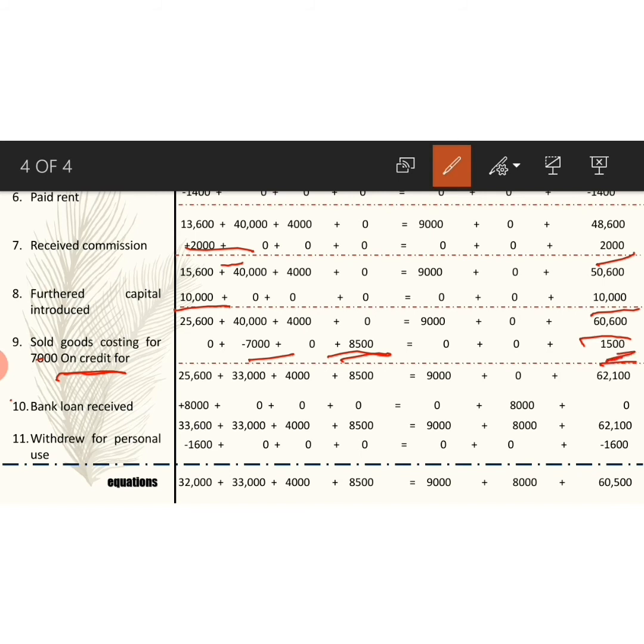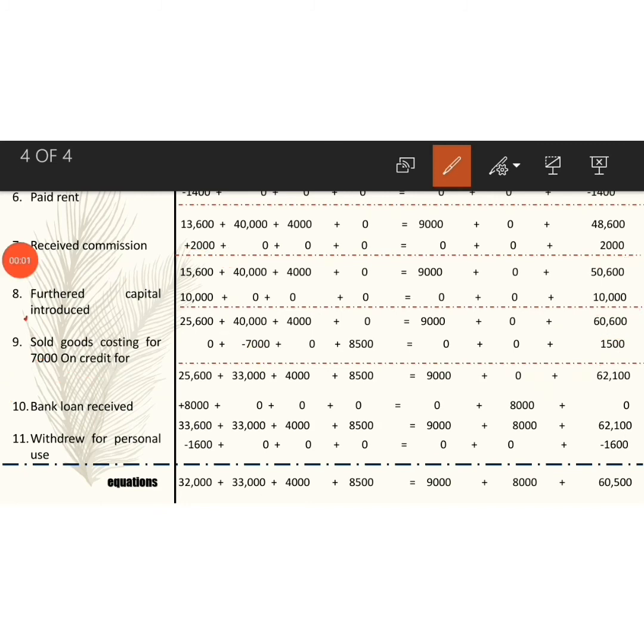Again, the value of the goods, which is rupees 7,000, should be mentioned under the stock. And again, the 8,500, the amount which is receivable from doing a credit sale, should be mentioned under the debtors of the asset side. Hope the point is clear.